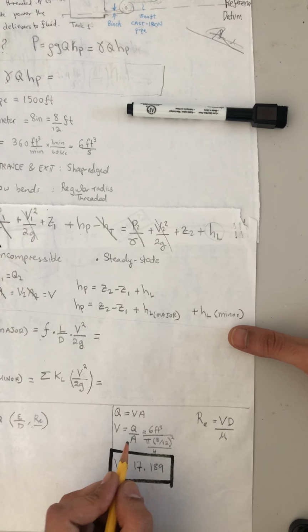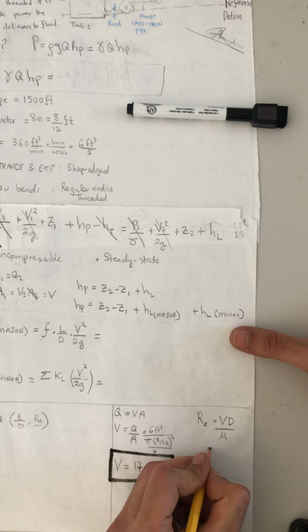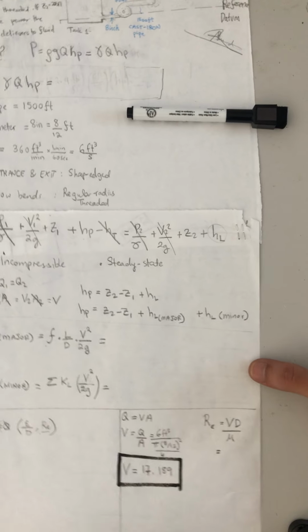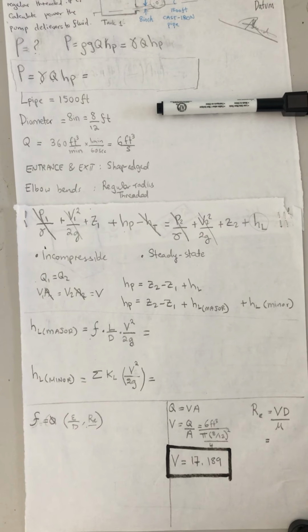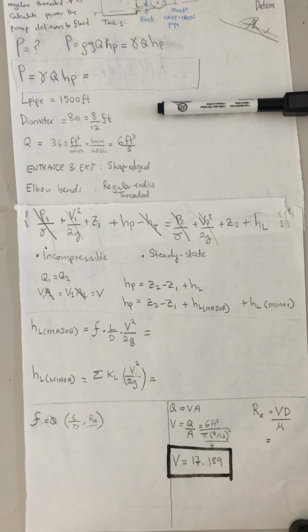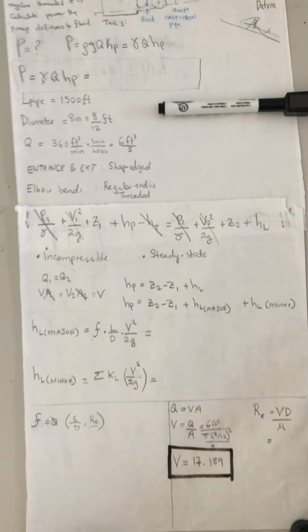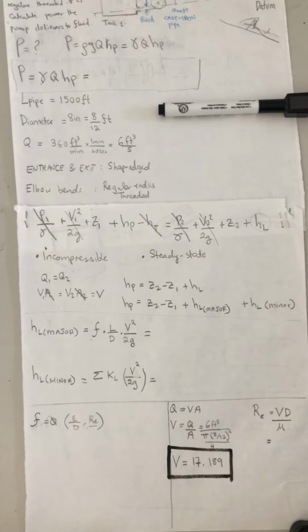Now that we know our fluid velocity, we can determine our Reynolds number. The importance of calculating Reynolds number is because we can determine if it is laminar or turbulent flow.